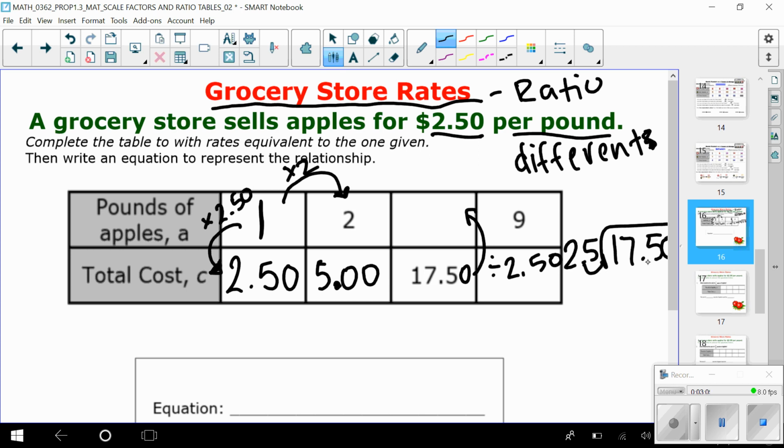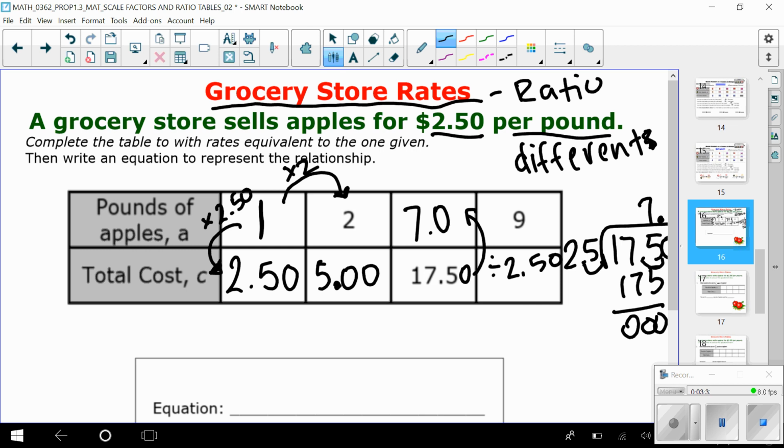I move my decimal point over 1. And how many 25s are in 175? Well, that's going to be how many? 7. And 7 times 5 is 25 is 175. So there's 0 left.